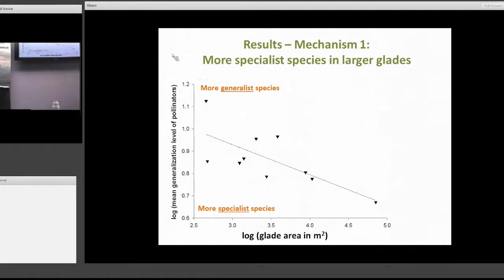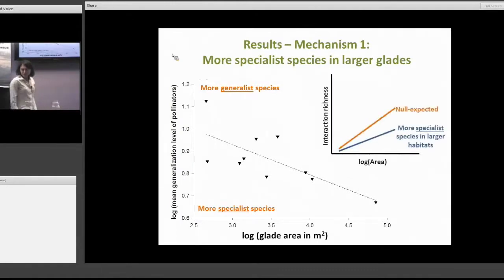They became more specialized, so more specialist species were present in larger glades. So this would concur with this expectation. So a shallower than expected slope resulting from shifts in species composition.